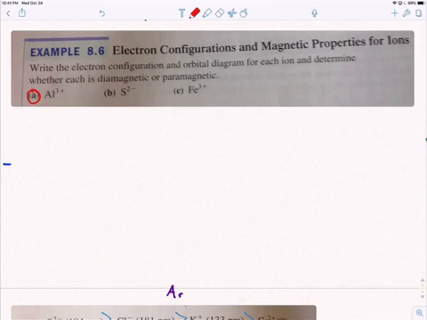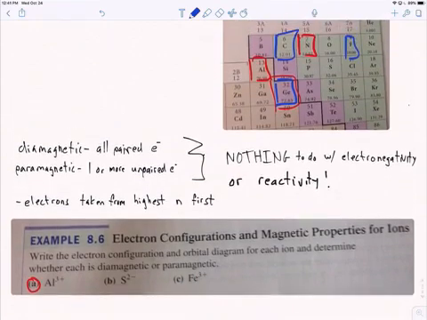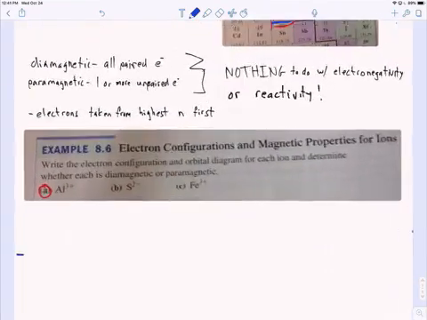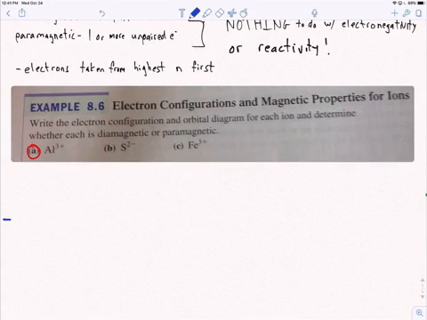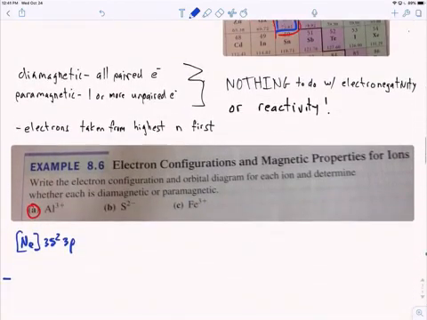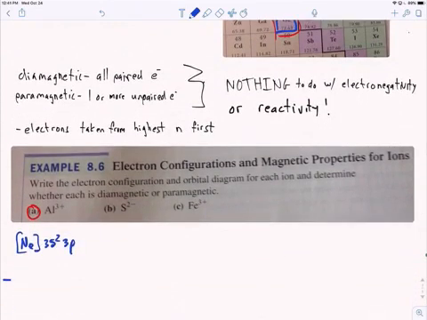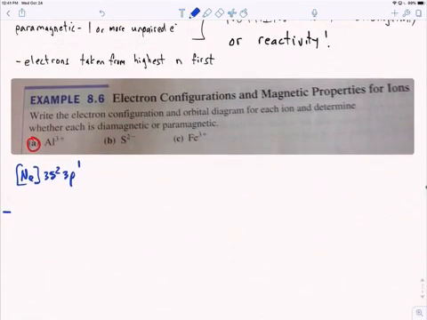So aluminum's ground state, maybe I should write the ground state in blue. Ground state here is going to be neon's configuration 3s2, 3p1, I'm sorry, 3p1.